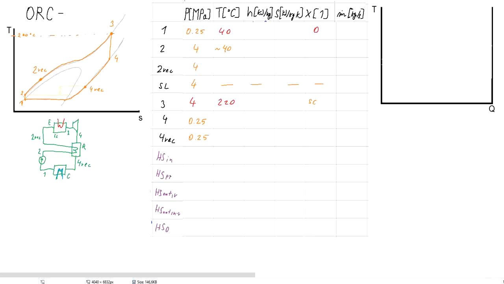The values will be 252.6 kilojoules per kilogram and 1.179 kilojoules per kilogram Kelvin for the entropy if we follow the properties in tool called RefProp.